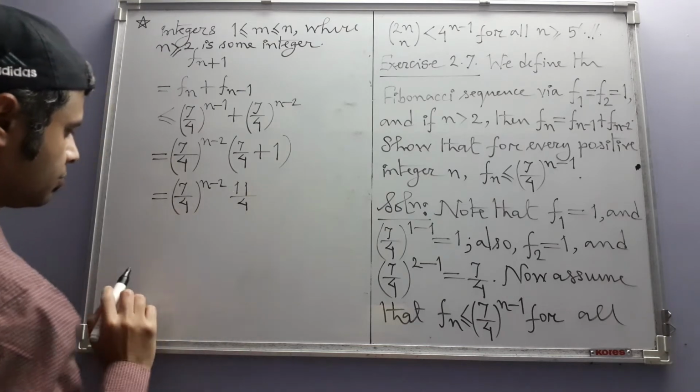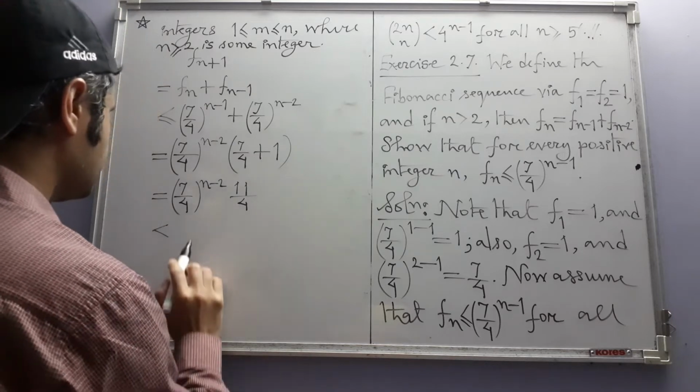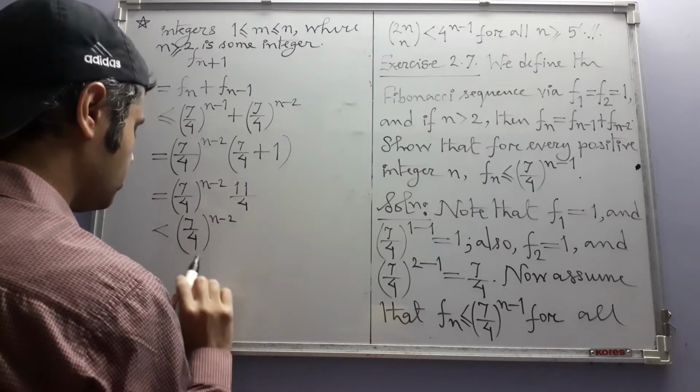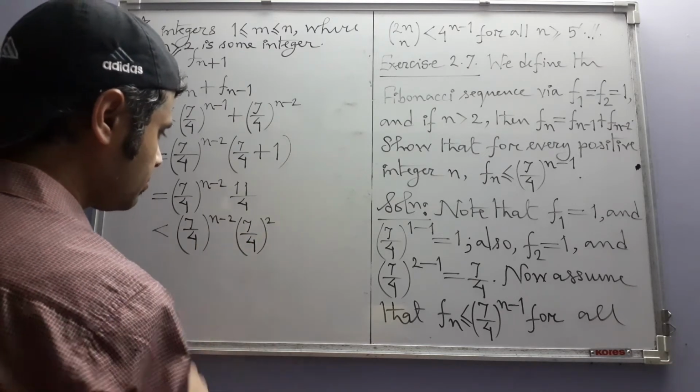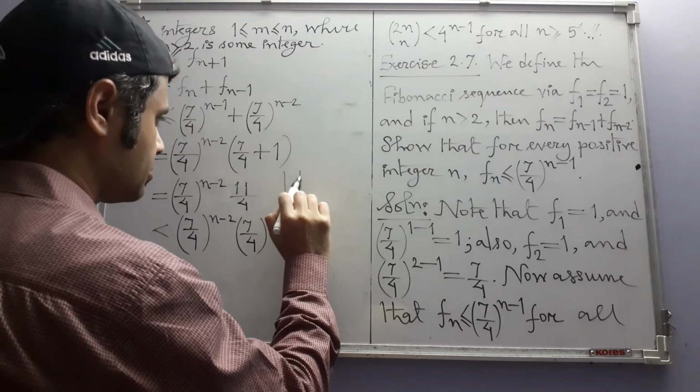7 divided by 4 plus 1, that is 11 divided by 4, and 11 divided by 4 turns out to be less than 7 divided by 4 whole square. Let us see how.